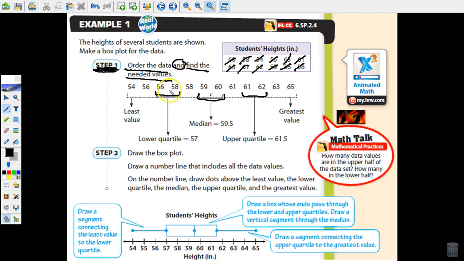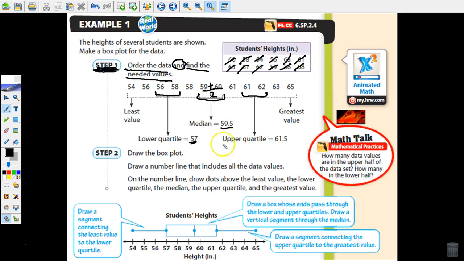So when we have two numbers, if I have two numbers like this, 56 and 58, what's in the middle of them? 57, okay? But if I have a number like this, to do it, I have to add them and then divide by 2, okay? Just like this, I have to add them and divide by 2. So when I add 59 plus 60 and then divide it by 2, I get 59.5.